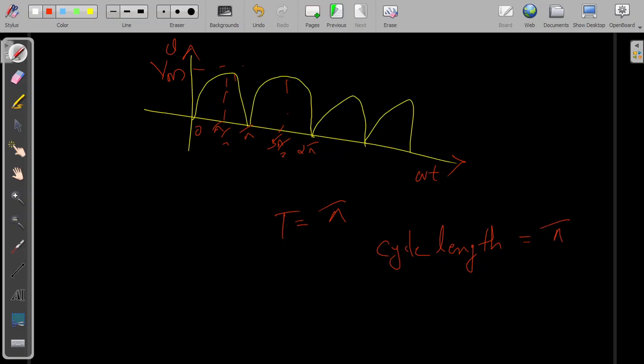So I am going to find the average value for this voltage waveform.